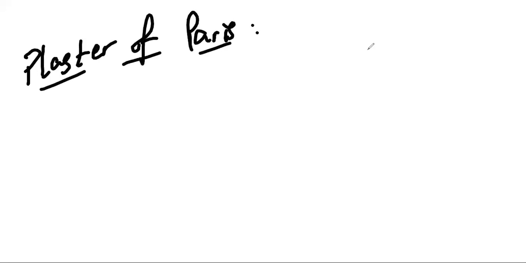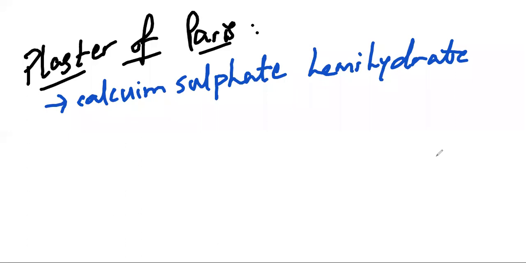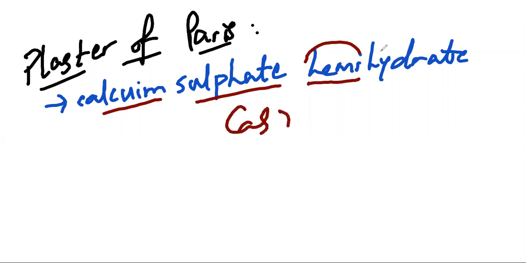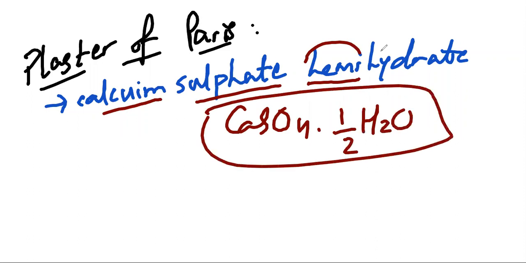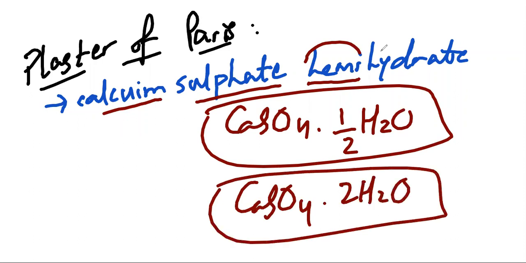What is plaster of Paris and how do we obtain it? So this is the chemical name for plaster of Paris, calcium sulfate, the same as what we have learned as gypsum salt. Gypsum salt is called calcium sulfate dihydrate and plaster of Paris is called hemihydrate, CaSO4.1/2 H2O. This is the formula for plaster of Paris. And CaSO4.2H2O is the formula for gypsum salt.